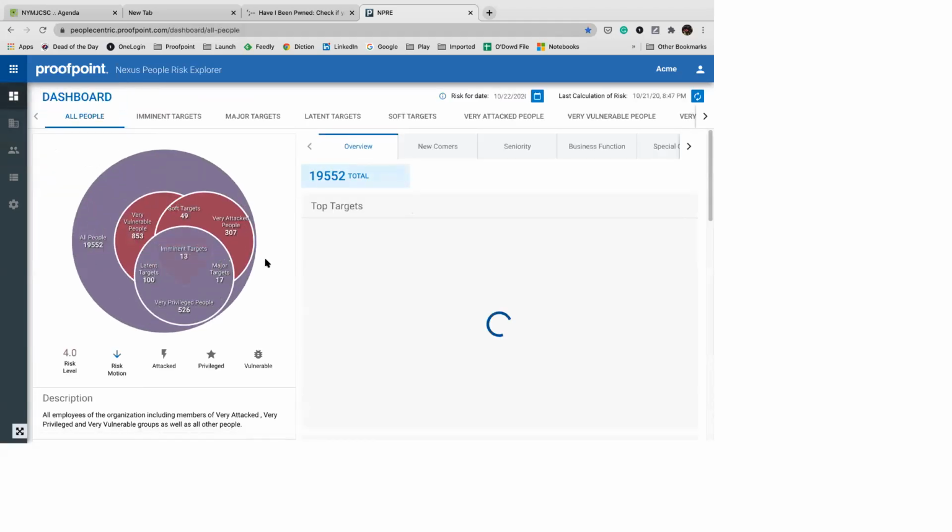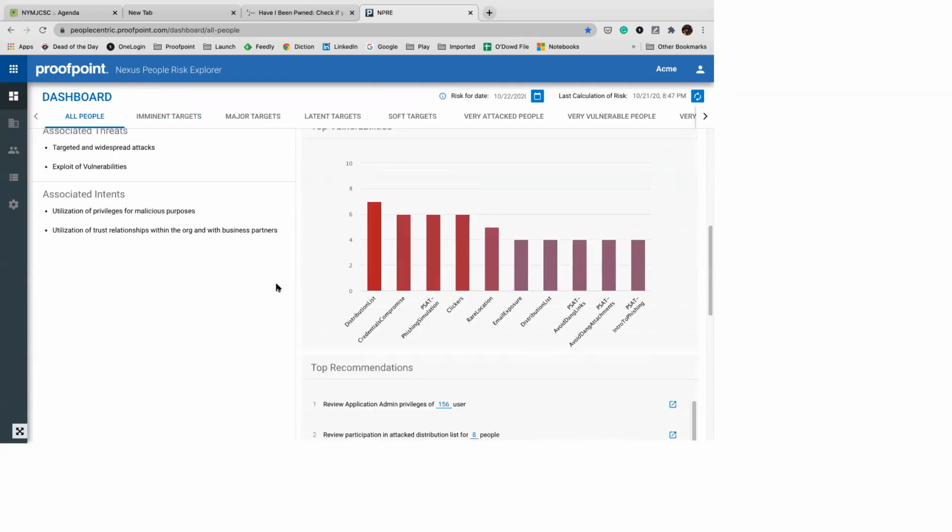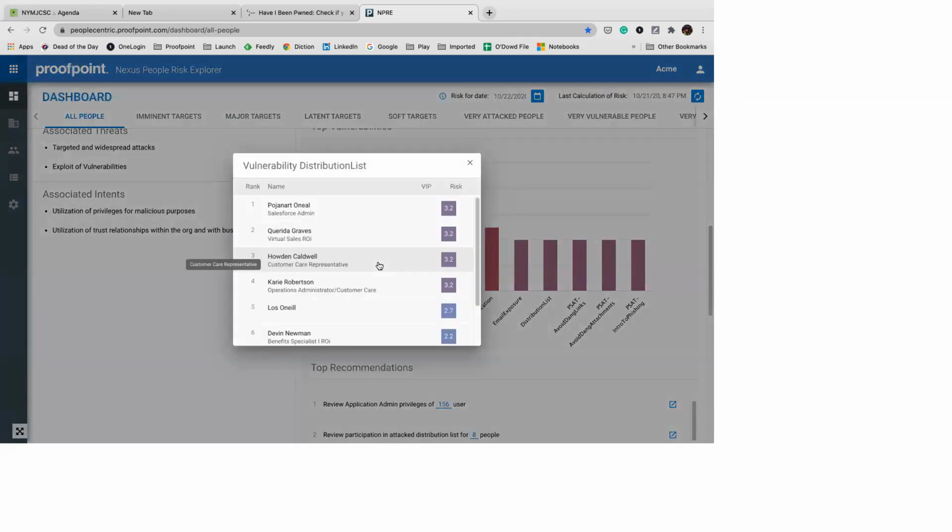And then in terms of other vulnerabilities here, I'll quickly look at these. We have folks like clickers. We define this as a person that clicked once a month and assign them vulnerability. Another one I think is interesting is distribution lists.